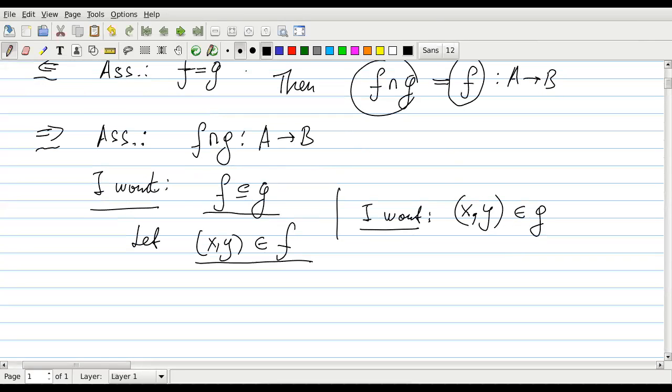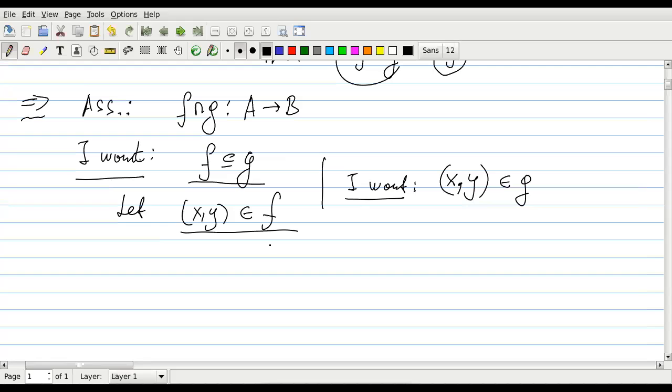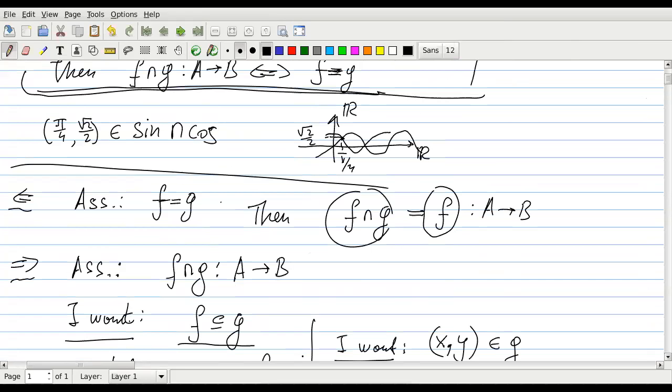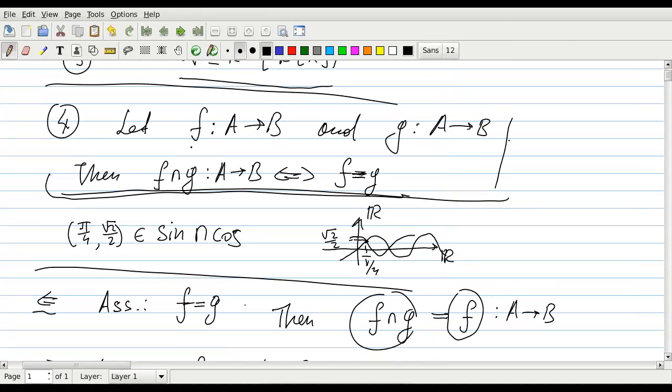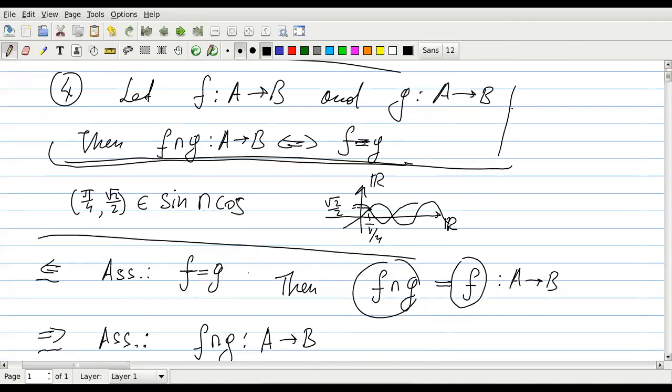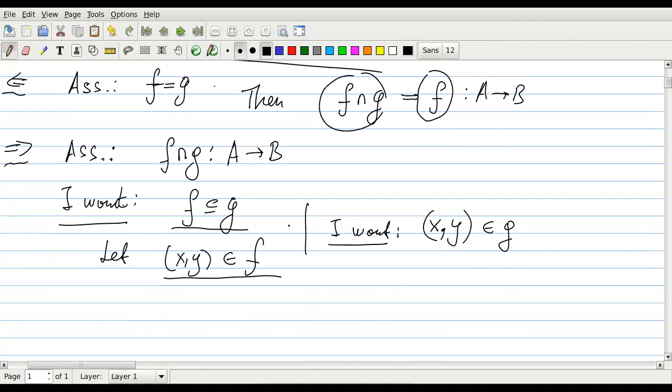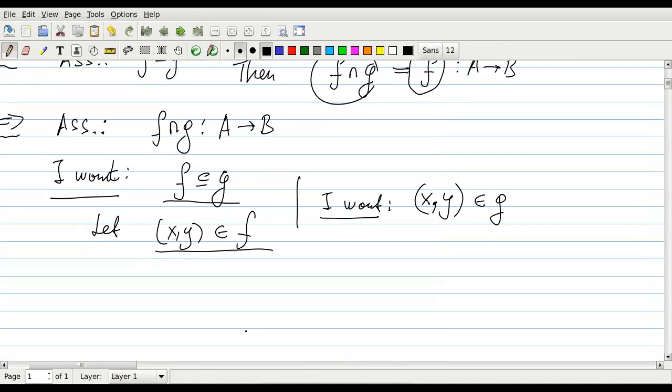So how is it possible to do so? As for now, we know that xy belongs to f. We know that all the three functions, f, g, and their intersection, are indeed functions from A to B. So what should I do? Any ideas, ladies and gentlemen?